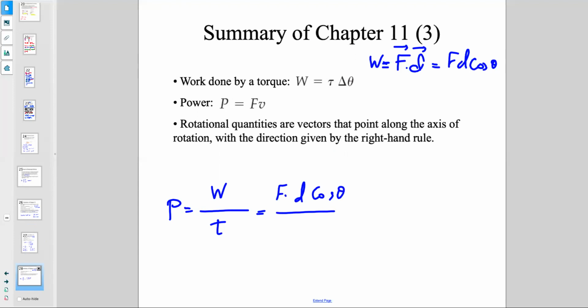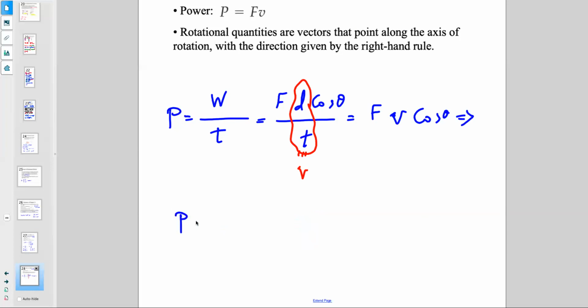And the time was T. Now what you have is d over T, displacement over the time of that displacement, which is velocity. So now you have F V cosine of theta, which you can easily write as power being equal to F dot V.